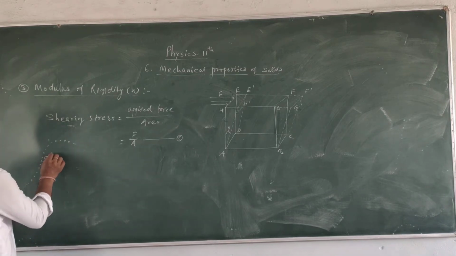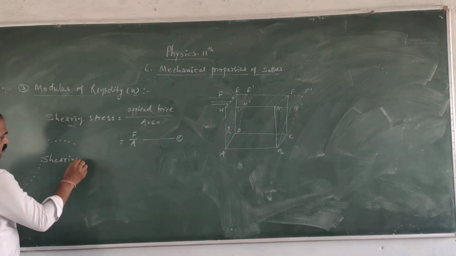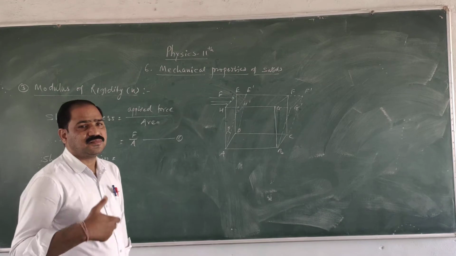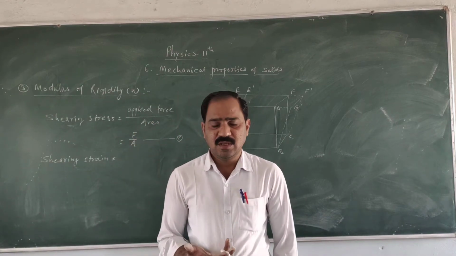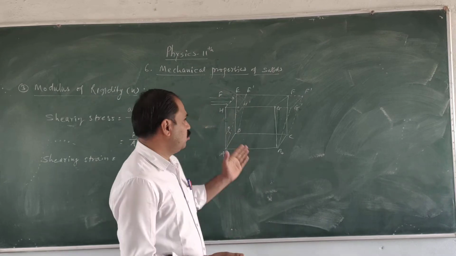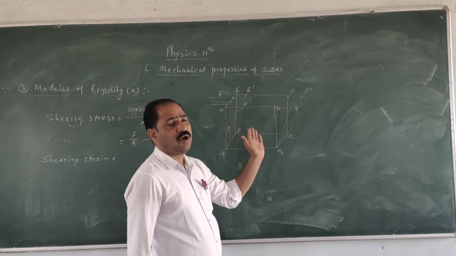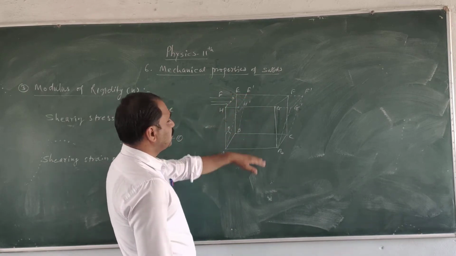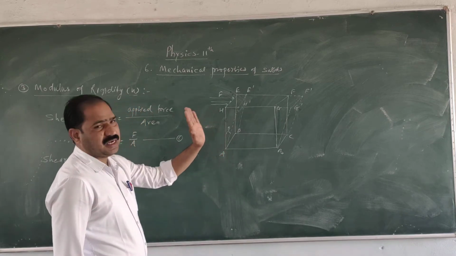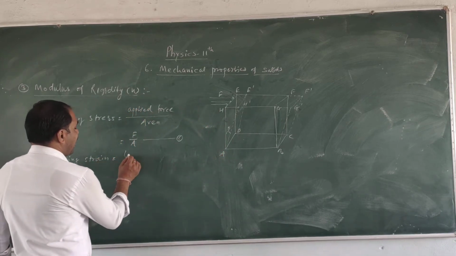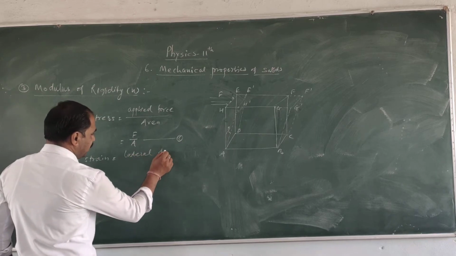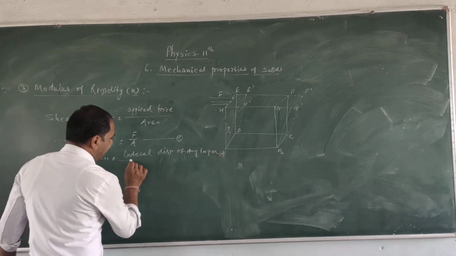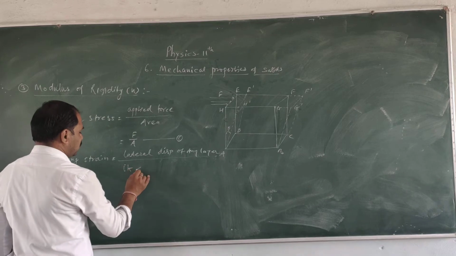Now, shearing strain. What is shearing strain? Shearing strain is the change in dimension to the original dimension. As the force is applied on the cube, its shape changes from a cube to a parallelepiped. Here E to E dash is the lateral displacement of any layer from its original position. So shearing strain is the lateral displacement of any layer upon its distance from the fixed layer.